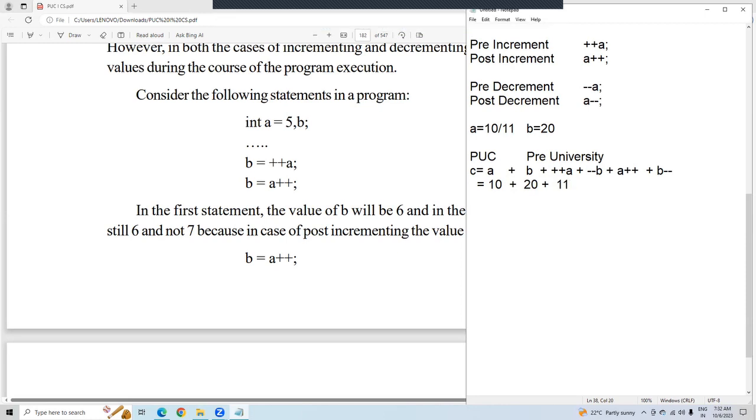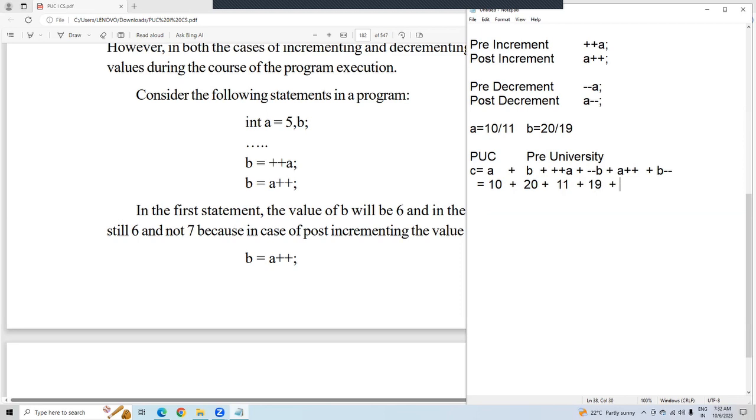That means in pre-increment or pre-decrement, first you increase or decrease the present value of the variable and then substitute that new updated value into the equation. Kindly note this point. After that, minus minus b, pre-decrement. First, the 20 has to be decreased by 1. 20 minus 1 is 19. That 19 should be written here.